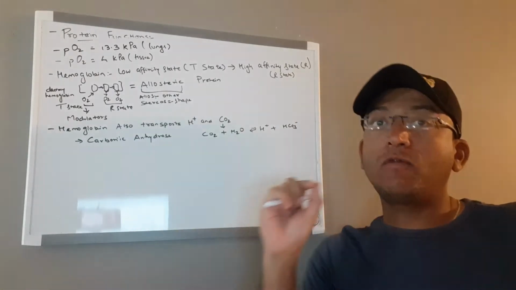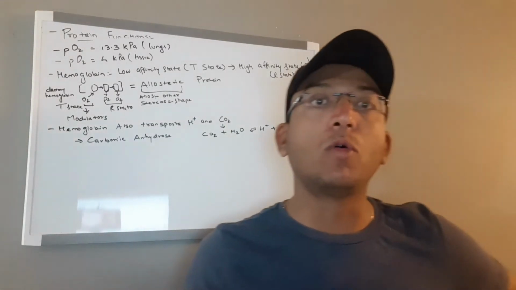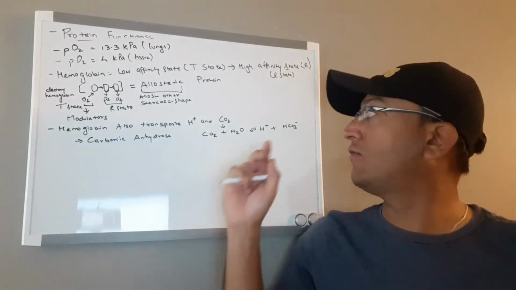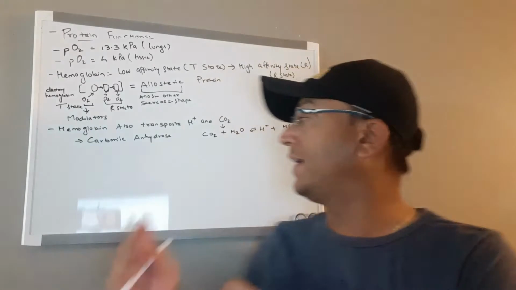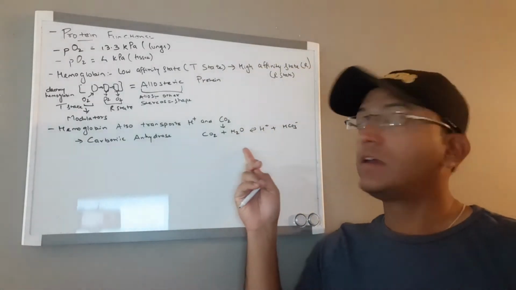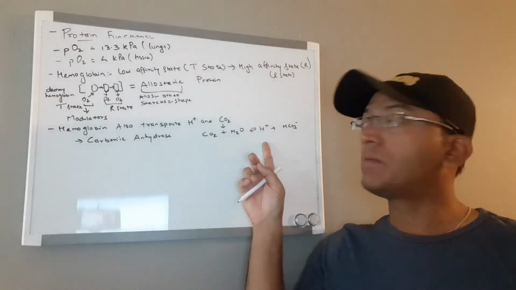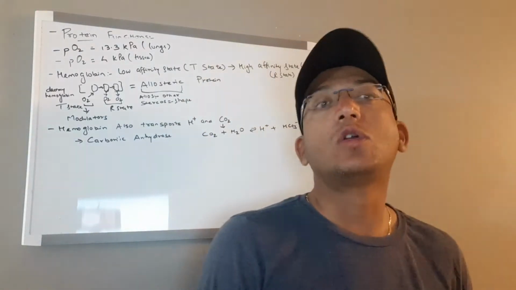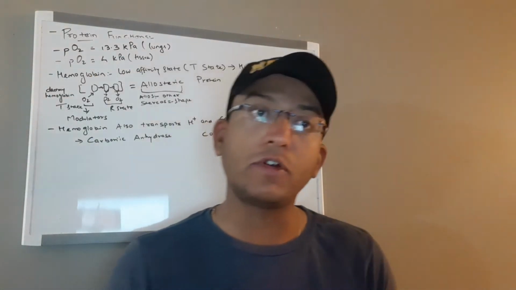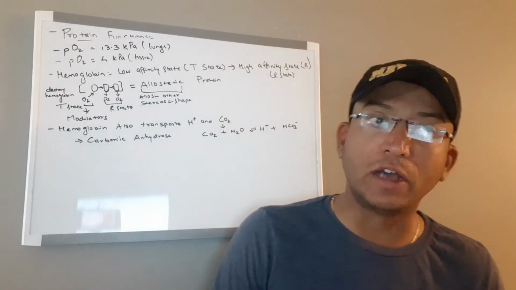The binding of oxygen by hemoglobin is profoundly influenced by the pH and the CO2 concentration. The interconversion of CO2 to bicarbonate and bicarbonate to CO2 is of great importance to the regulation of oxygen binding and release in the blood.